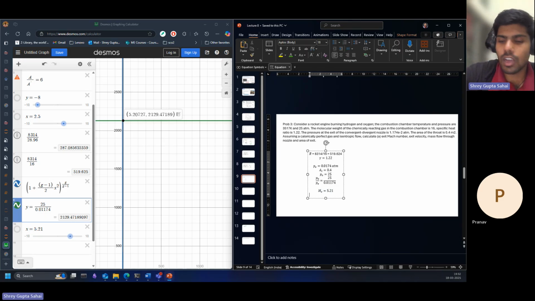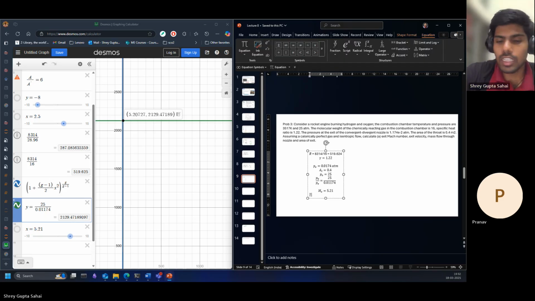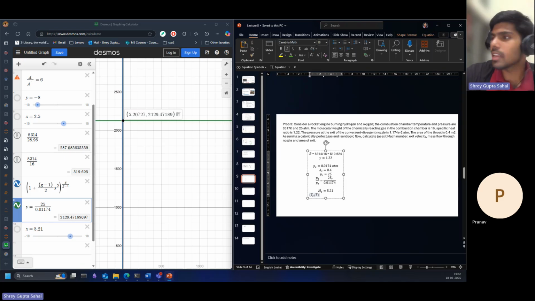And then just how you said it, TE by T is related to pressure ratio. So if we use this, I'll just simply write the exit temperature.